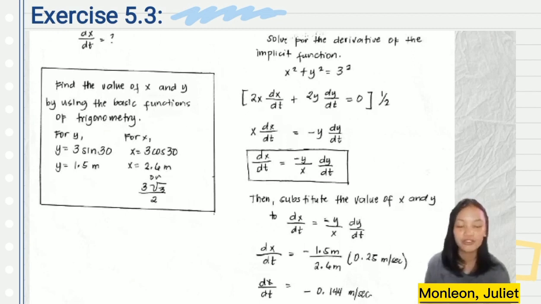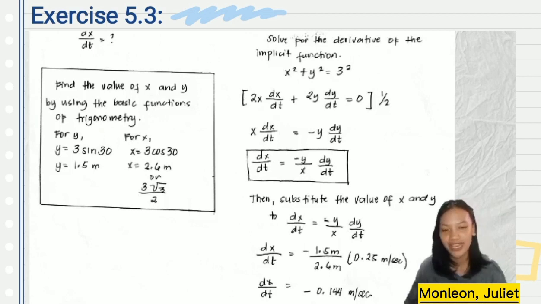So the derivative of x with respect to t is equal to negative y over x times the derivative of y with respect to t. We now substitute the value of y, which is 1.5 meter, and the value of x, which is 2.6 meter. So the derivative of x with respect to t is equal to negative 1.5 meter over 2.6 meter multiplied by the given derivative of y with respect to t, which is 0.25 meter per second.